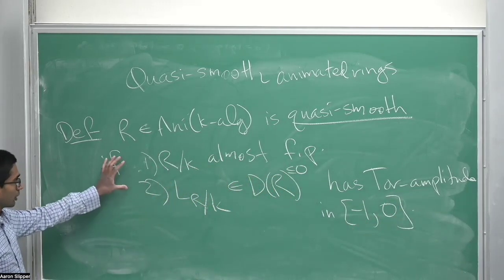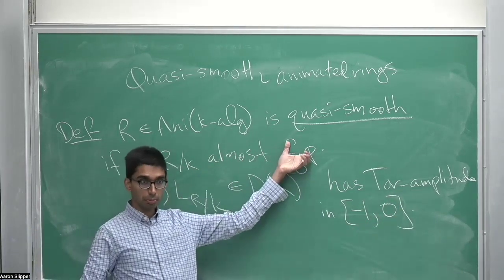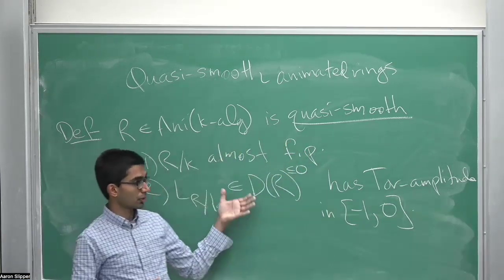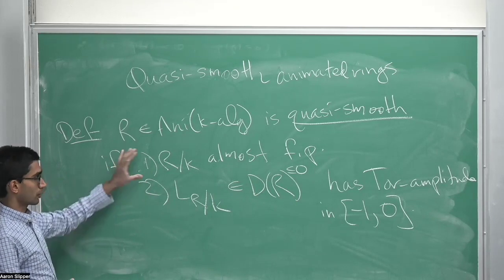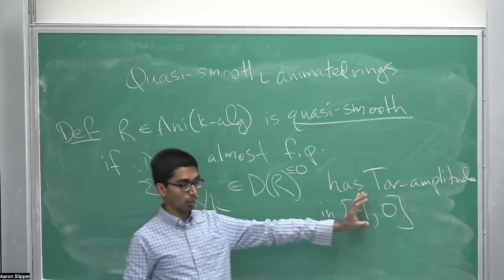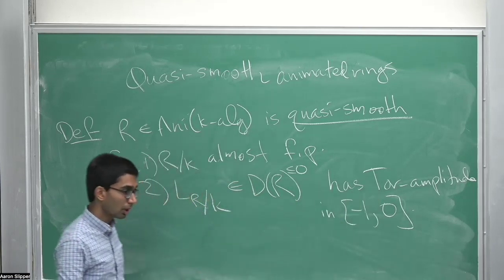Something that I should have said earlier is that if you have something which is almost finitely presented, then its cotangent complex is an almost perfect complex. Here you're required that it actually has Tor amplitude in [-1, 0].